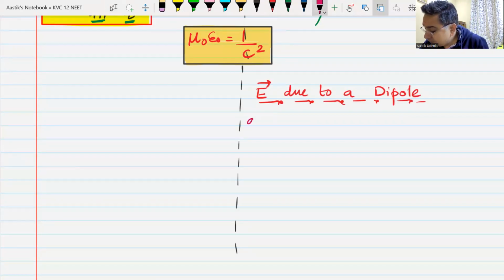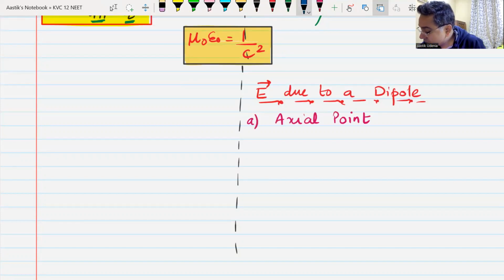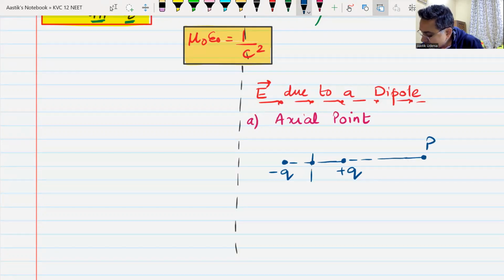Now, if you remember, we had done this field for 2 points. The first one is known as the axial point. Now, what is this axial point? If I have this as the minus q charge and this as the plus q charge, the axial point is a point here, P, whose distance from the center of the dipole is given as r.